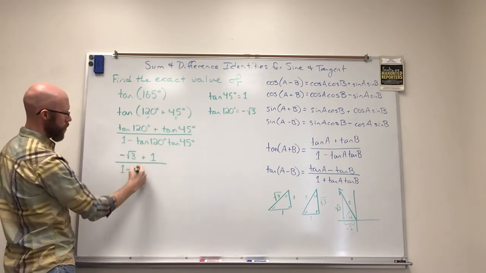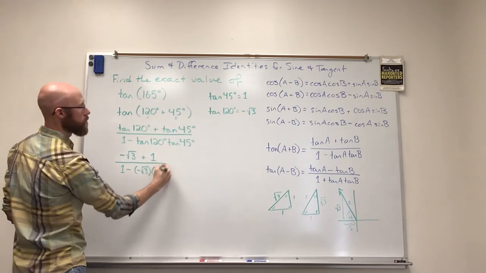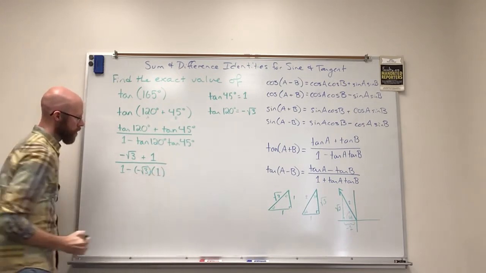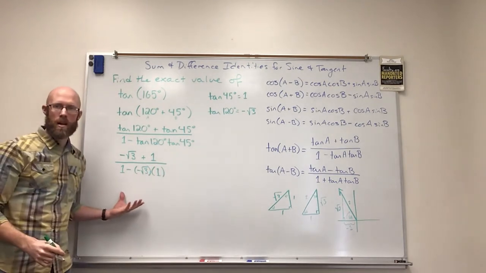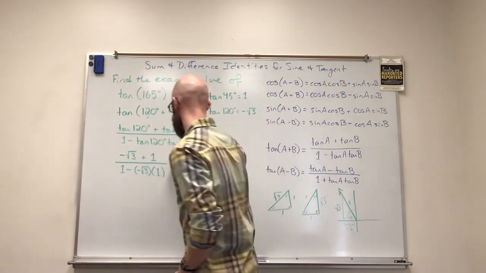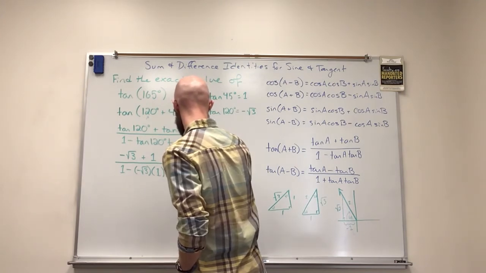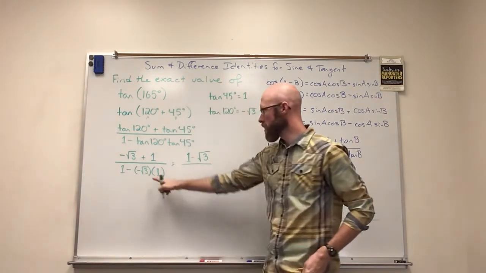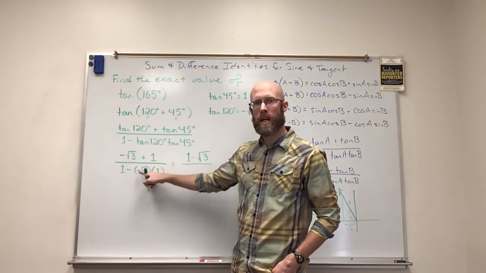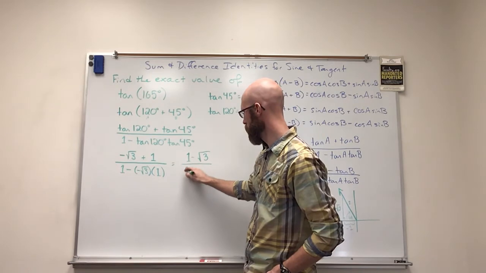Well, tangent of 120 is a negative root 3, and the tangent of 45 is 1. I could just clean this up a little bit. Just maybe writing the numerator as 1 minus the square root of 3, and writing the denominator, well, clean up the double negative here. It's 1 plus the square root of 3.